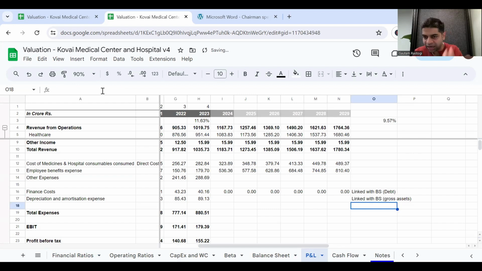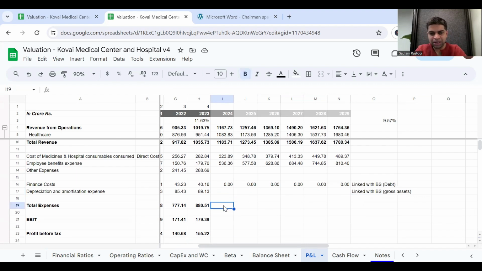Until we model the gross assets in the future, we cannot estimate the depreciation and amortization expense. So basically, we need to start modeling the balance sheet out in the future. Only then will these items auto populate. This would auto populate, but this obviously needs to be linked.